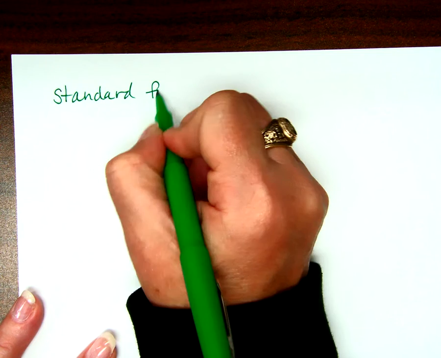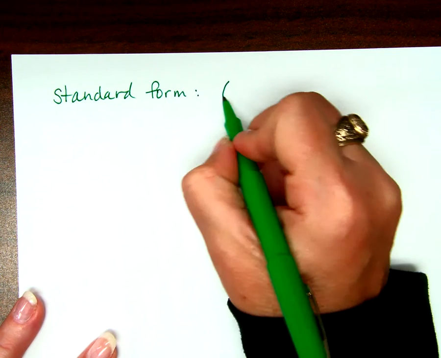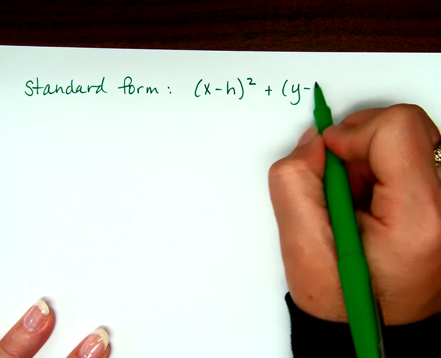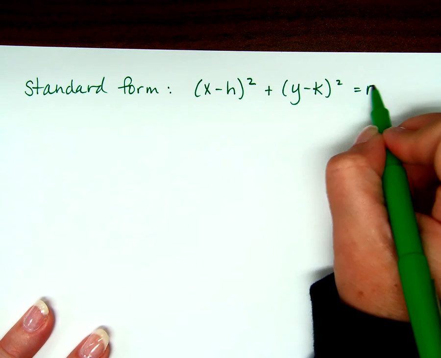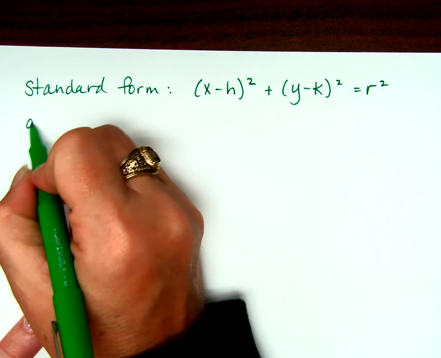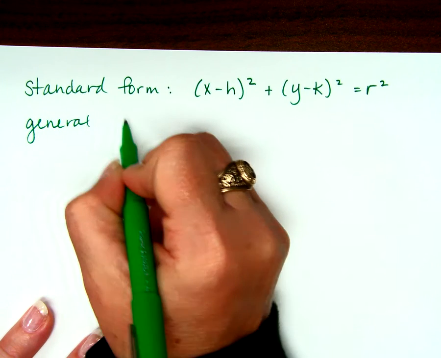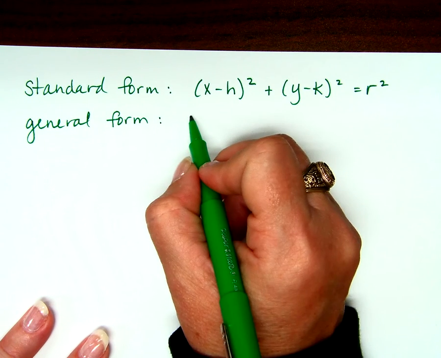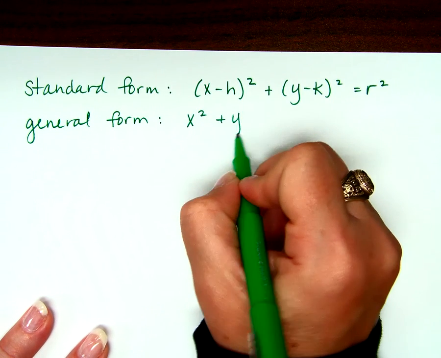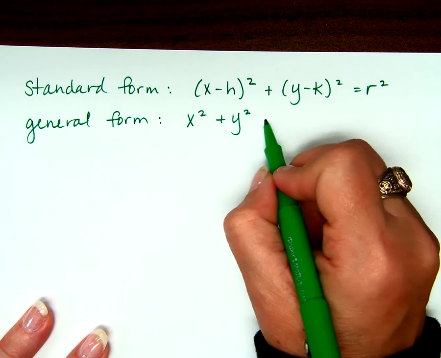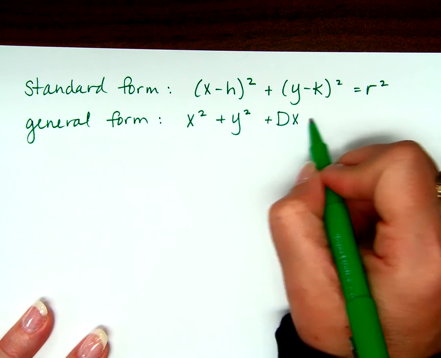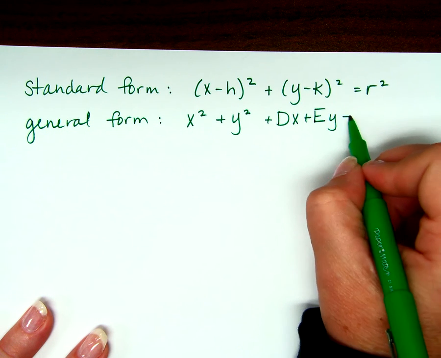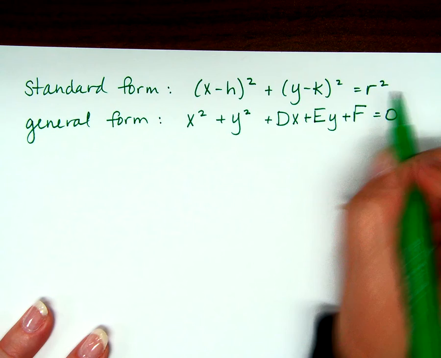Standard form is (x minus h) squared plus (y minus k) squared equals r squared. Okay? General form is x squared plus y squared plus Dx plus Ey plus F equals 0.